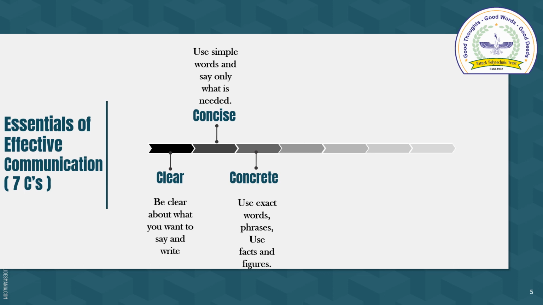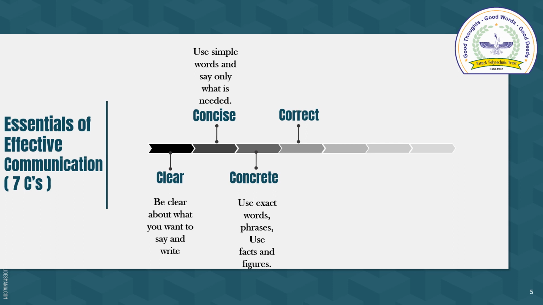In fact, you should use those words which make message clear, but that message should be based on facts and figures. And it should be drafted in such a way that it should not be misinterpreted by any person.